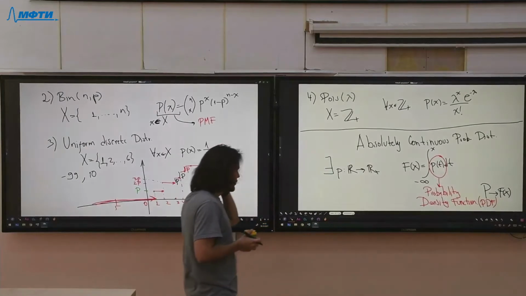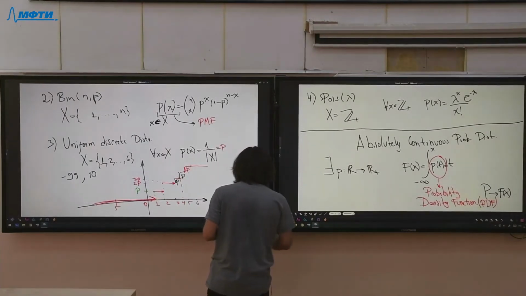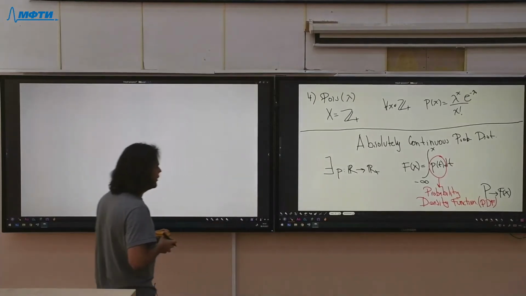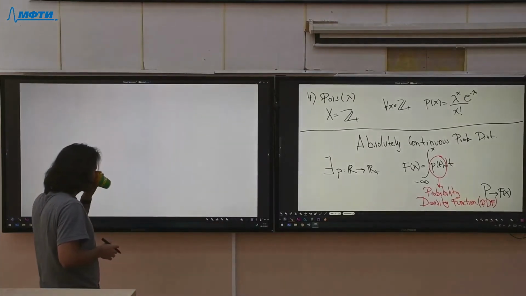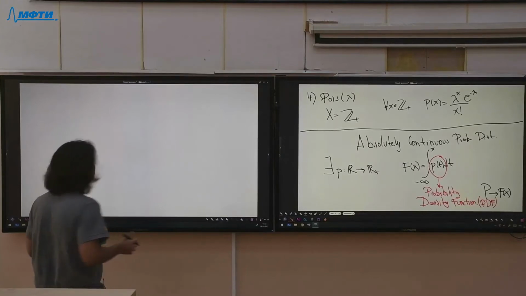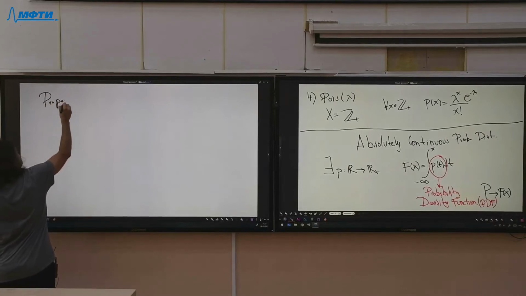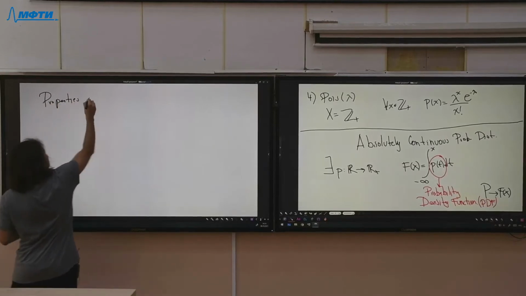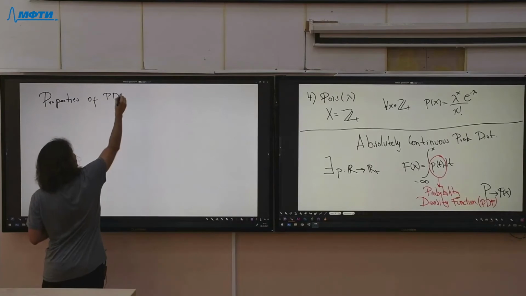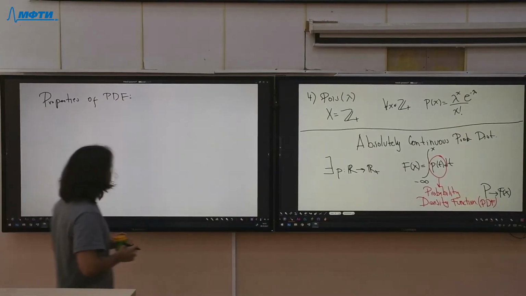Okay, so what about this function? What do we have for this function? So let me say, first of all, the properties of the PDF. Don't worry, I will give you some examples a bit later. Okay, so properties of the PDF.